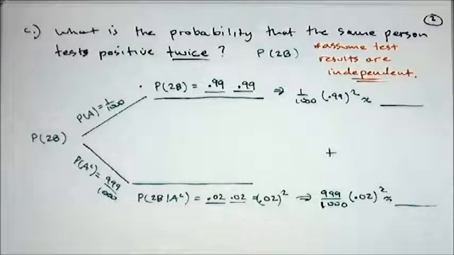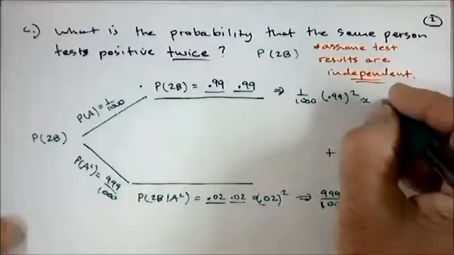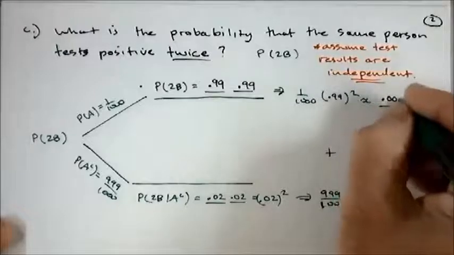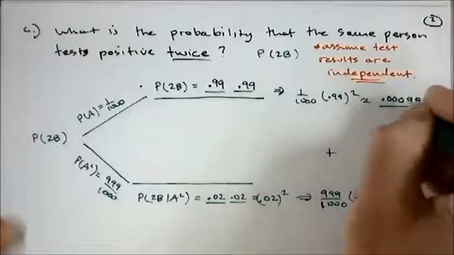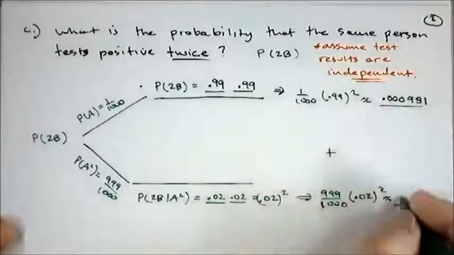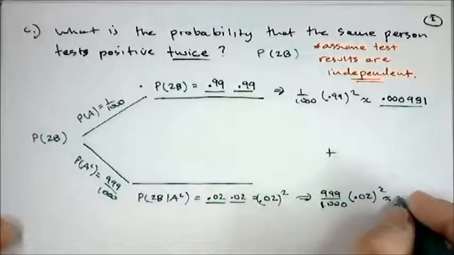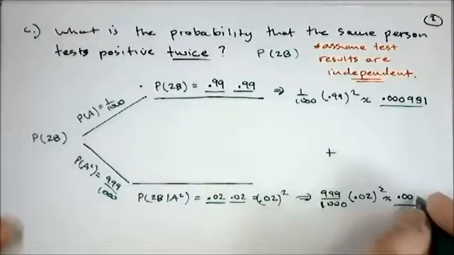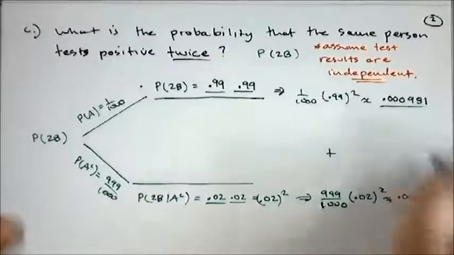Okay, let's see. I think I have numbers for these two. This one up here is 0.000981. Didn't change very much. But this one changed quite a bit. 0.000396.